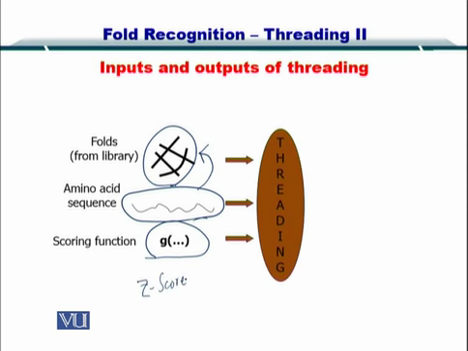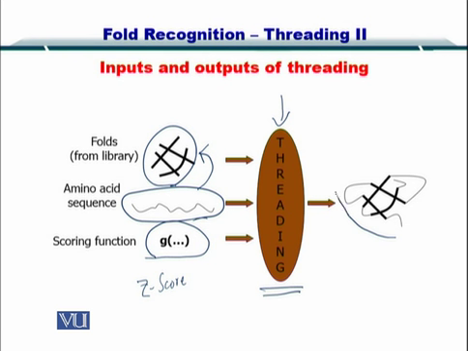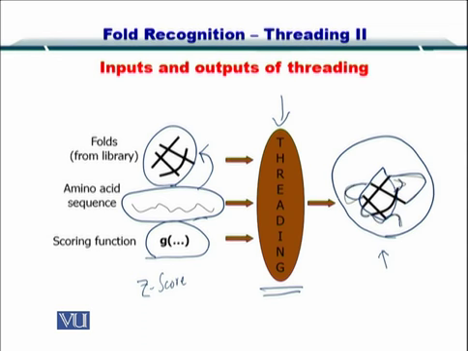Then you input these three things into your threading software, and the output is a structure that is like this. So in this we have the fold that is here and some loops that are joining the different regions within this fold. So this is the overview, the input and the output.